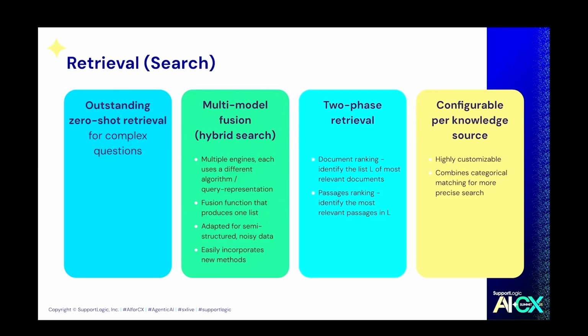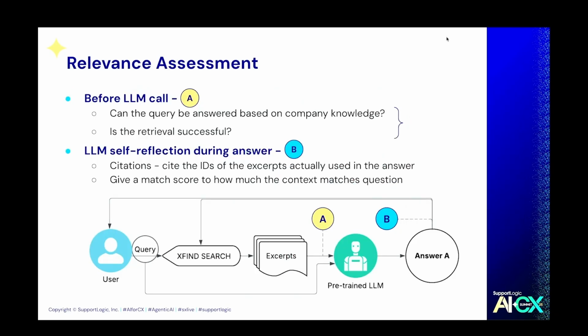So let me skip to the next one. And I already mentioned guardrails. We have two types of guardrails. So one of them is we want to check if the question actually is in the domain, so if the question can be answered. This is especially important for the explicit search, but even for implicit search, you can have a case which has very little data, and we just cannot find any answer on that data.